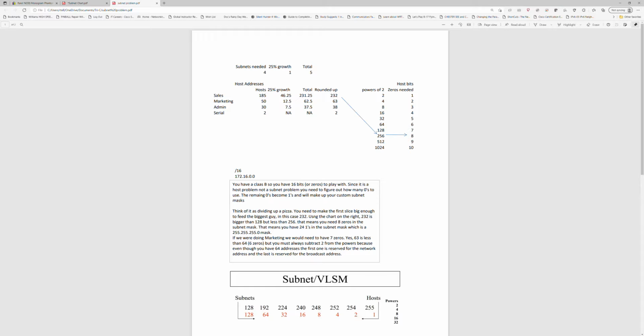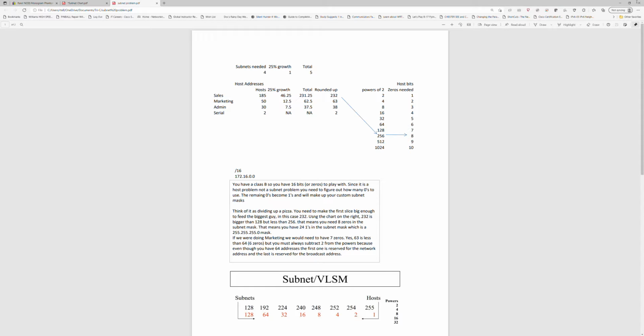If this was a VLSM, we would always take the largest group of hosts, find out a network for that, and then take the remaining pieces and further subnet on the remaining pieces.